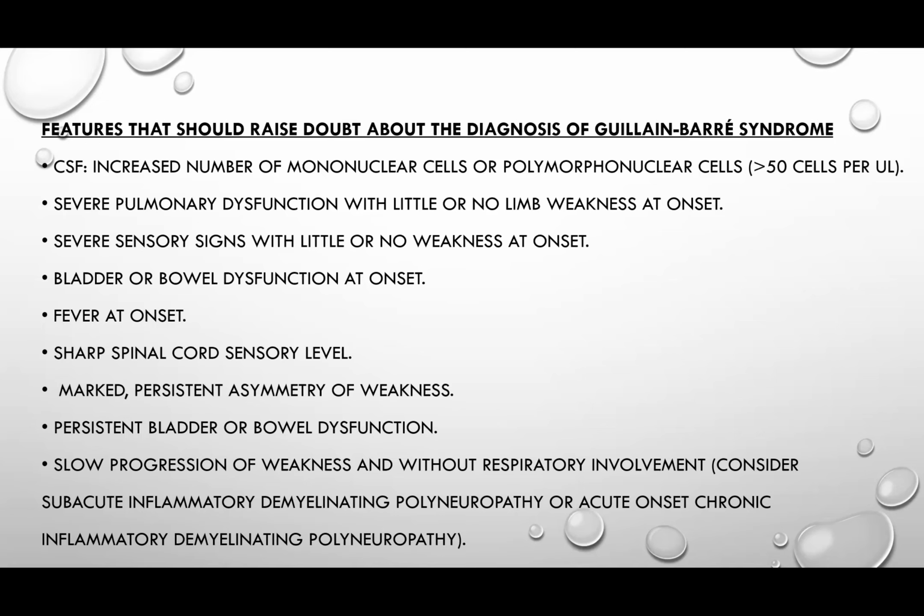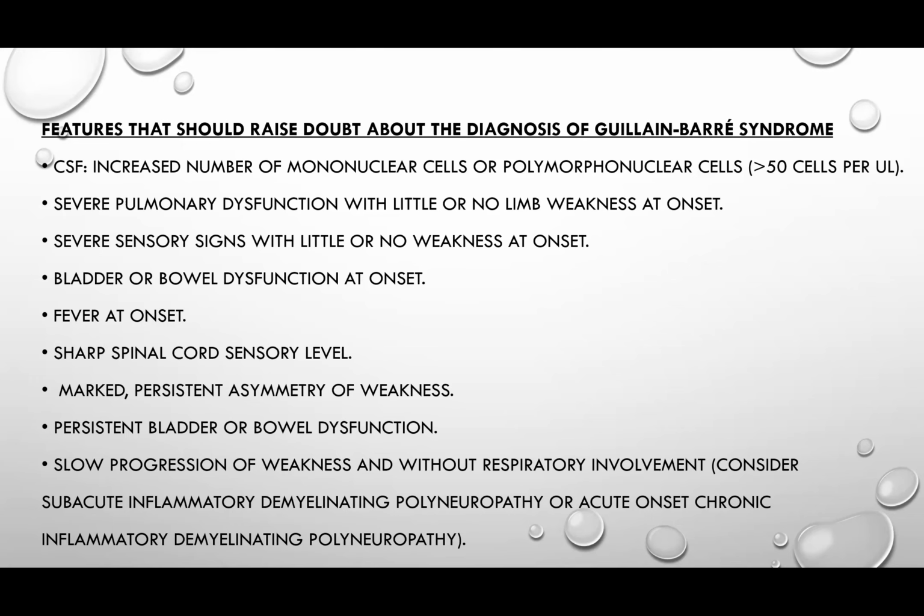Second thing is severe pulmonary dysfunction, no limb weakness. Very unlikely to be GBS because the presentation is limb weakness progressing on to pulmonary dysfunction. But the other way around, severe pulmonary dysfunction is there, no limb weakness is there. That is not probably Guillain-Barre. Severe sensory signs, very little motor involvement, again unlikely to be Guillain-Barre. Bladder and bowel dysfunction to start with, unlikely to be Guillain-Barre.